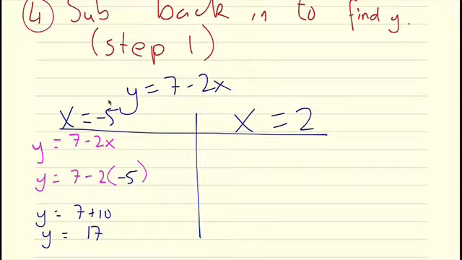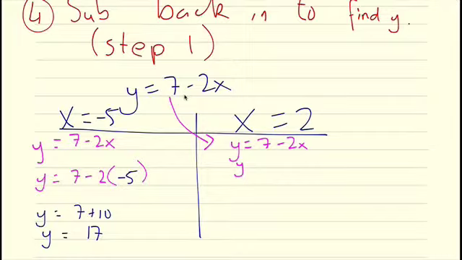Right. Will you find the other value of y for me now when x is equal to 2? We use the exact same line. So you're using that fella again. Y is equal to 7 minus 2x. Did you get it already, Amy?